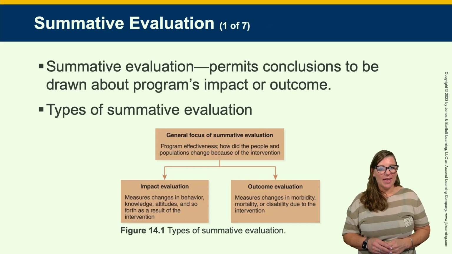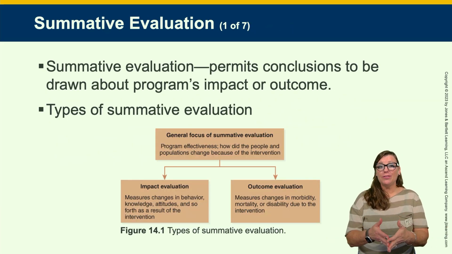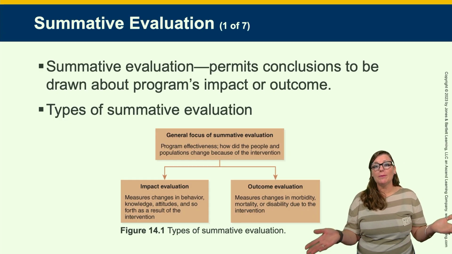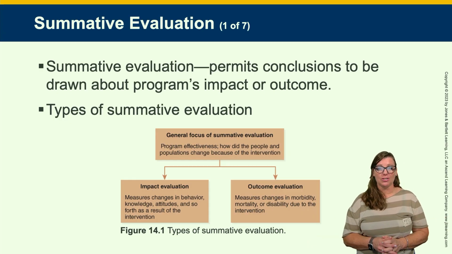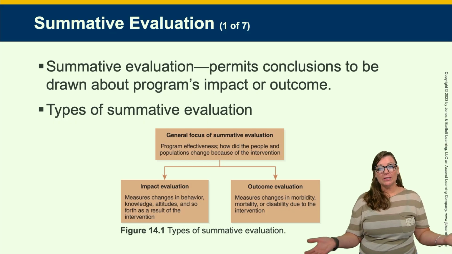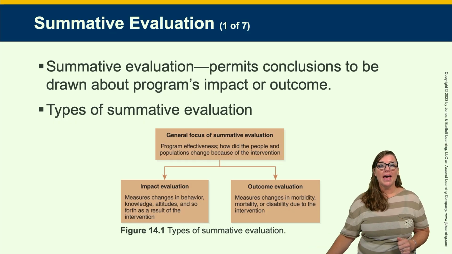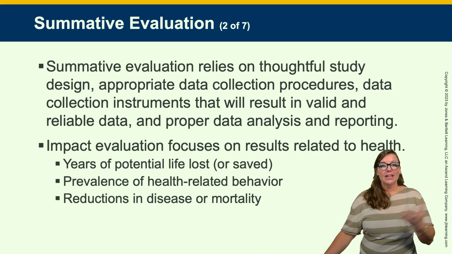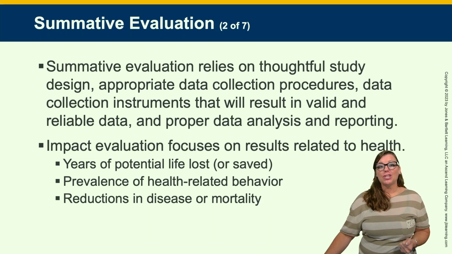Next, summative evaluation answers, did the program work? There are two types. One might be impact, where we might see behavior and knowledge changes, and outcome, where we should see changes in long-term health outcomes. Impact, shorter-term changes like changes in behavior, knowledge, and attitudes.